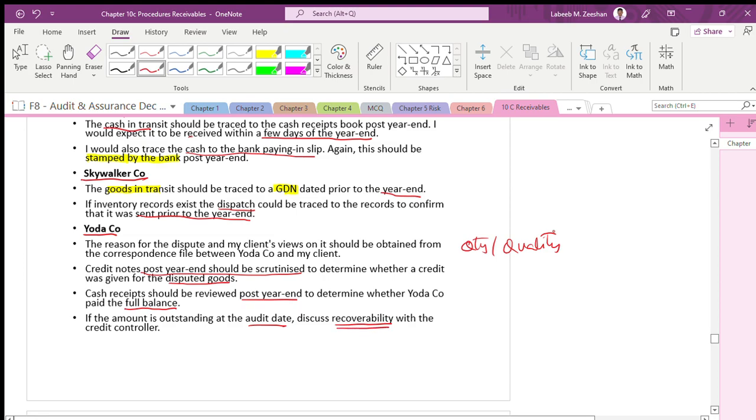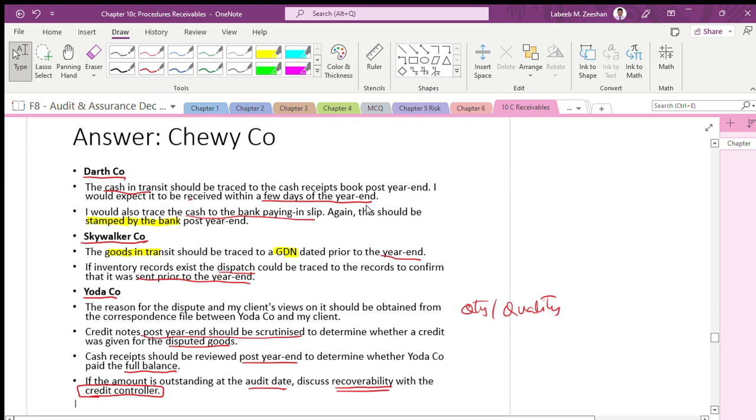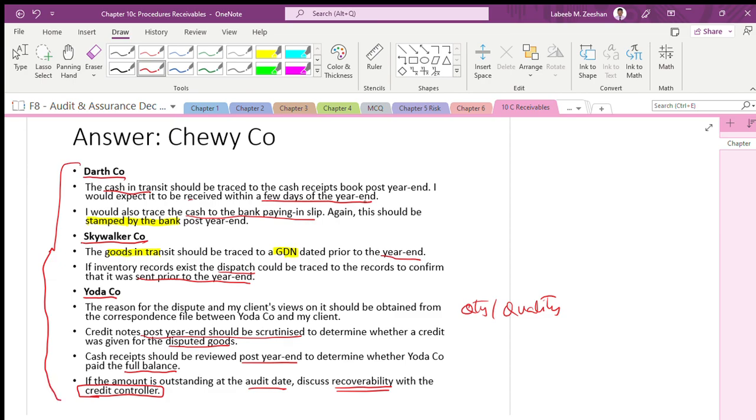With whom we have to think about the credit? The first time you are coming across this word, credit controller. In the examination, in any paper we are going to revise this week, we will do a question like this. In the examination, you have to write like this.